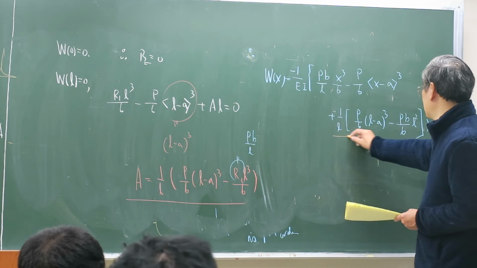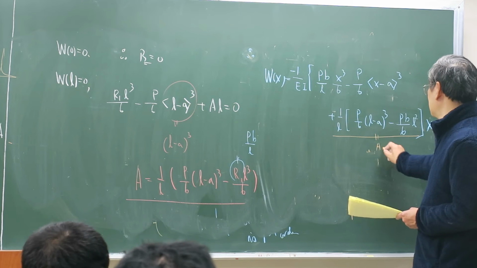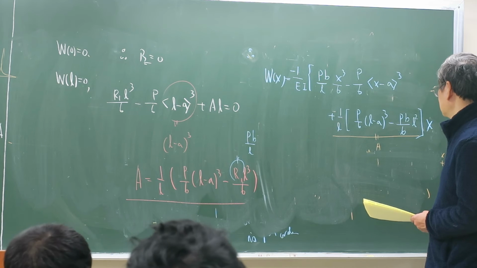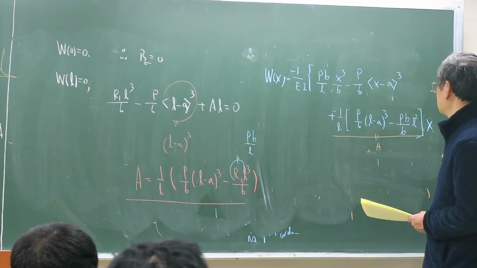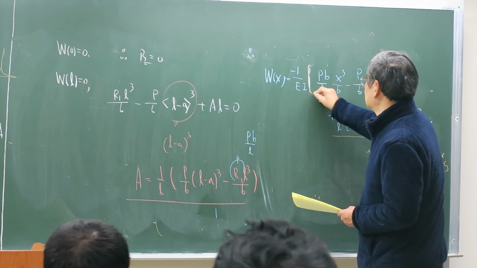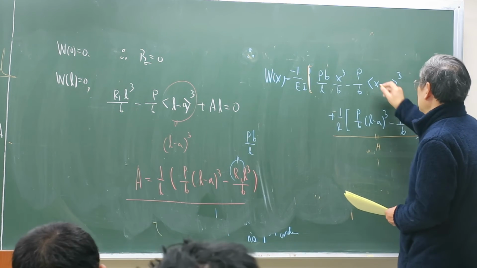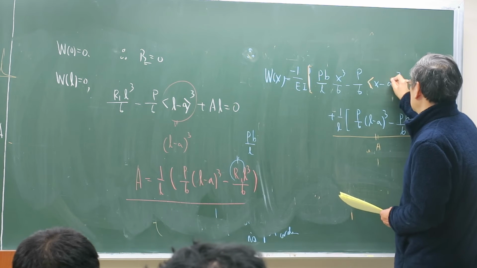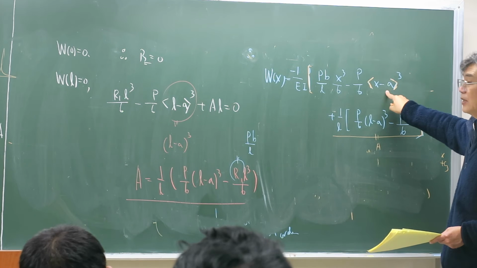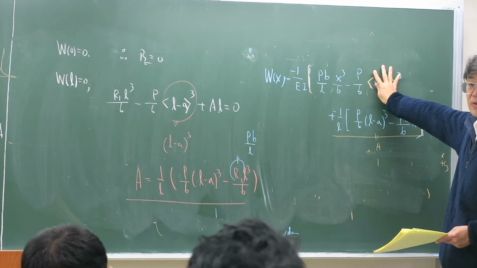This is my A. Careful here. This term, for x smaller than a, this term is 0.